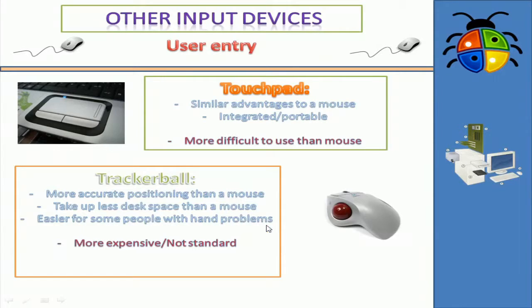The big downside of tracker balls, though, is, well, first of all, they're more expensive, although I should say that's only really because people don't use them as much. If they were more common, they would be cheaper, but they're not standard. Just like using a mouse, it takes a bit of time to get used to for people the first few times.